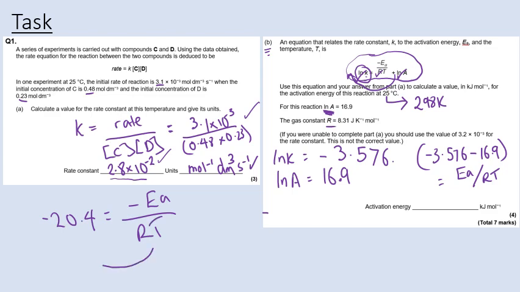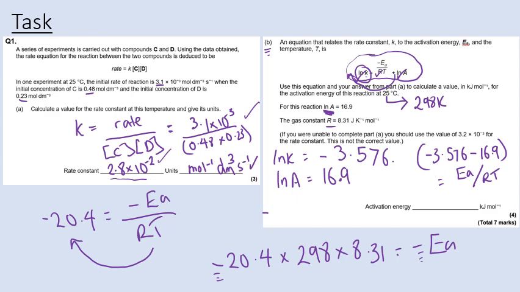So if I bring the RT up to this side, I'm going to have minus 20.4 multiplied by R and T, that's T, and then there's R. That's going to be equal to minus EA. I'm going to get a minus sign, but I'm going to turn it into a positive. So 20.4 times 298 times 8.31 equals 50,518.